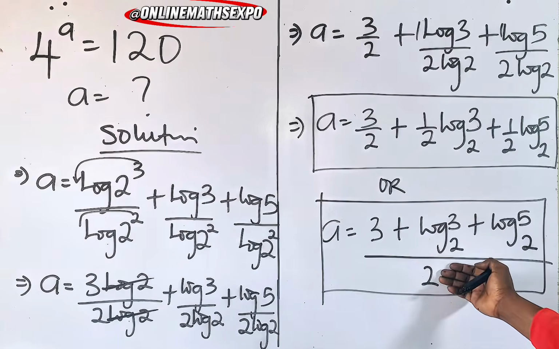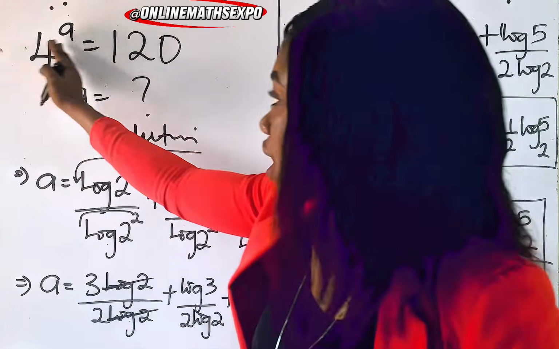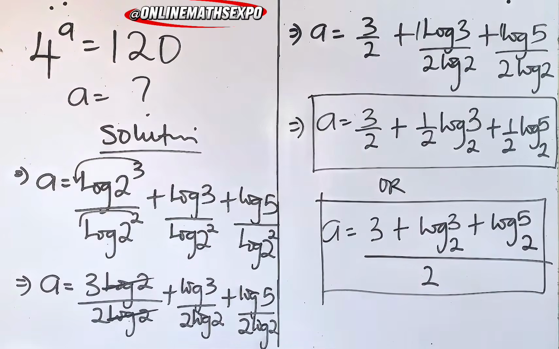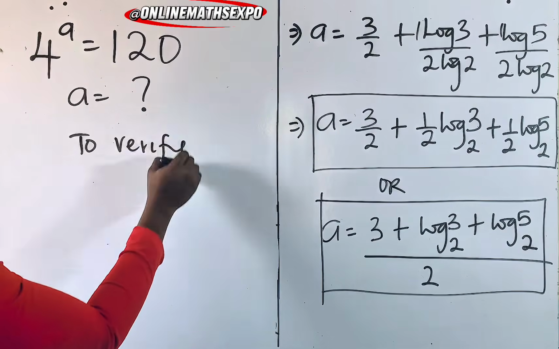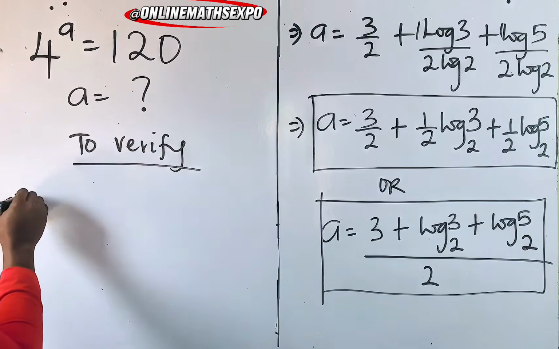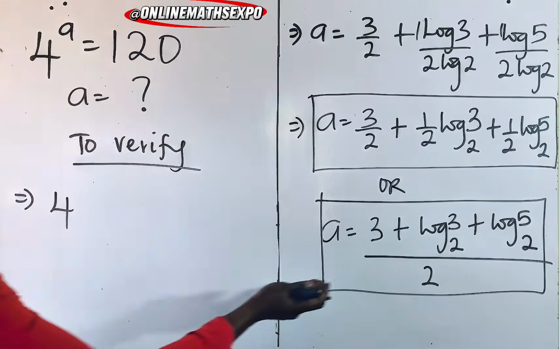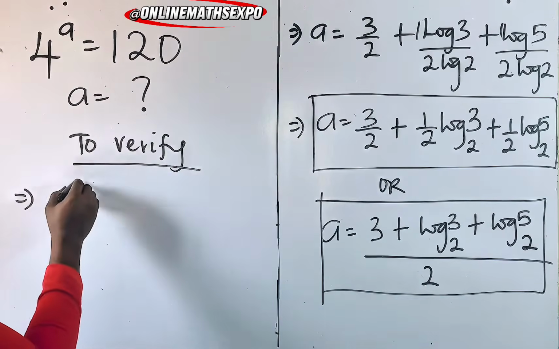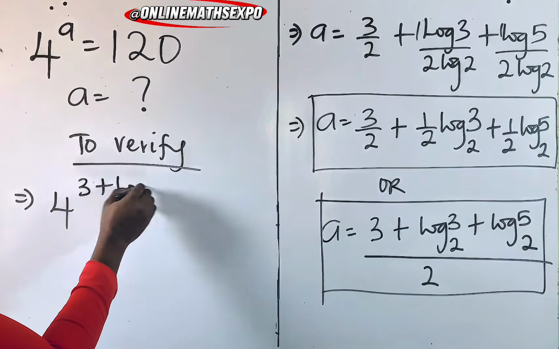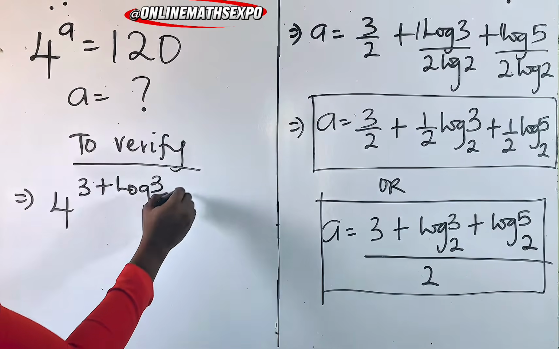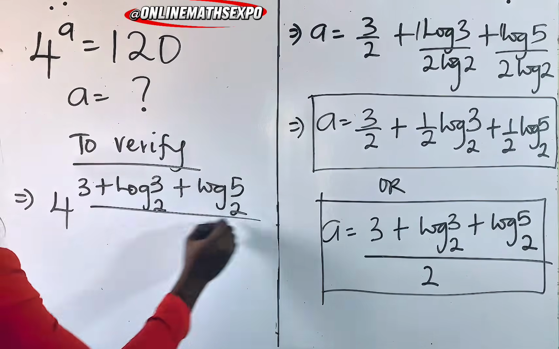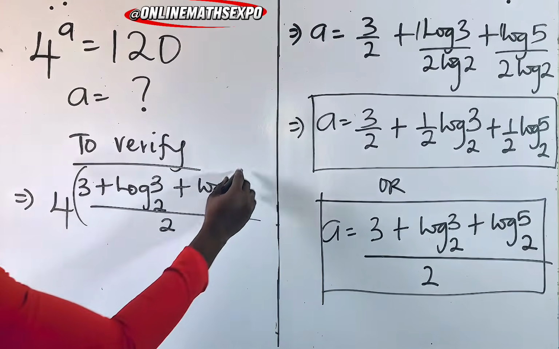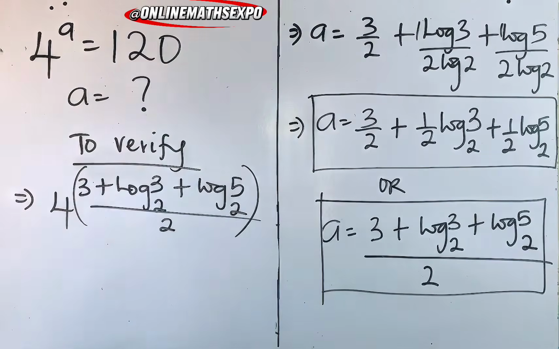Now we're going to plug this A value on the left side to see if it gives us back 120. Let's do that together. To verify, we have 4 to the power of, let's use this value of A. So we have 3 plus log 3 base 2 plus log 5 base 2, divided by 2. Now, will this give us 120? Let's see.